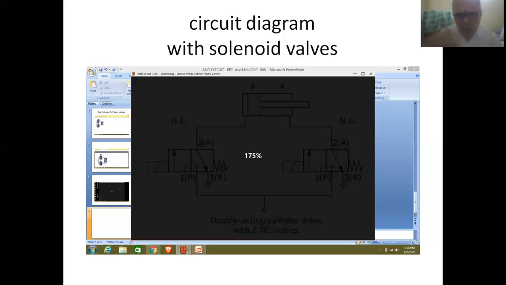So this is called as first position of the DC valve. So therefore, when the valve is in first position, it will be sending the required quantity of fluid into the double acting cylinder.